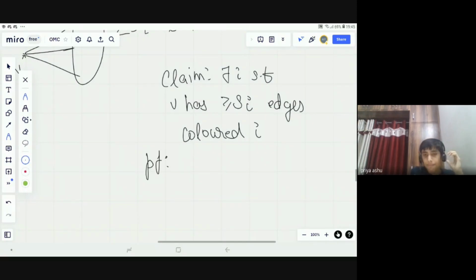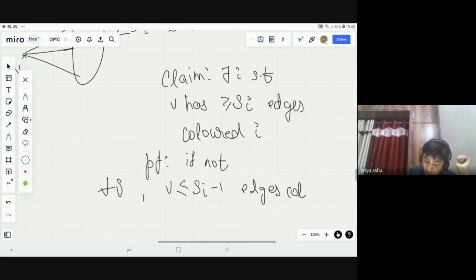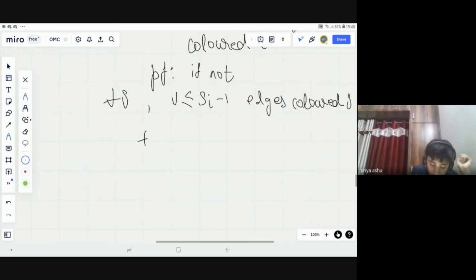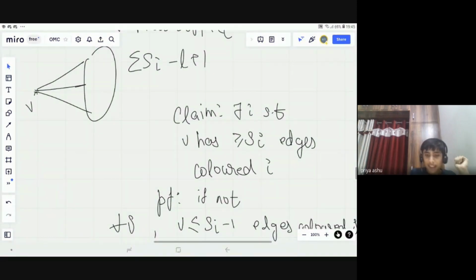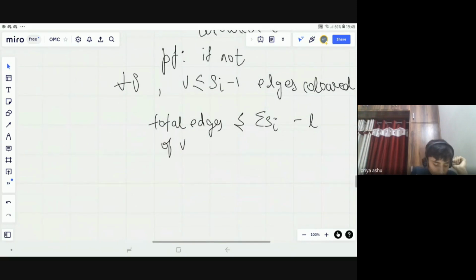The proof of this claim: if not, then V has at most SI minus 1 edges colored I for all I. And thus, again as before, the total edges of V is at most sigma SI minus L. But the total edges of V is sigma SI minus L plus 1.